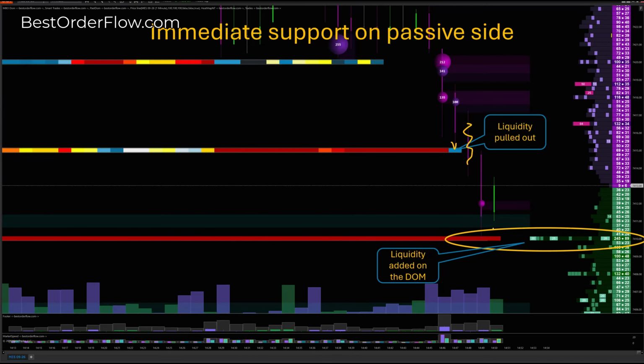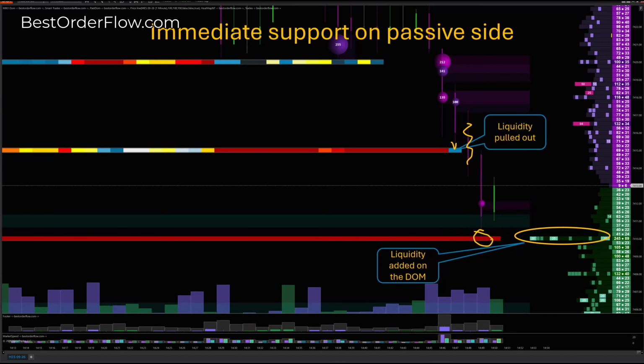You can see it in real time. And on the situation right here below, let me take this out, that is actually the opposite situation. When the price reached over here, its liquidity was not taken out. It actually added liquidity. You can see on the MBO DOM or on any DOM level 2 that it was added liquidity.